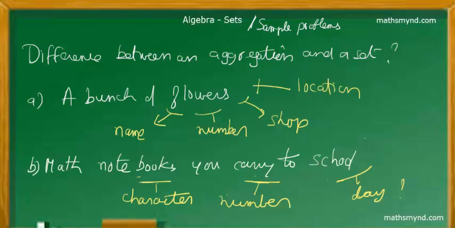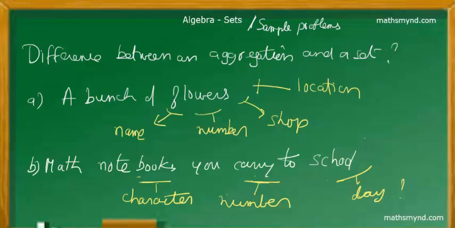Suppose we are dealing with a bunch of flowers. It's too weak. Now, if we add certain specifics, like suppose a particular shop in the area in which you reside sells flowers at a particular rate, and at that particular rate you get certain flowers.